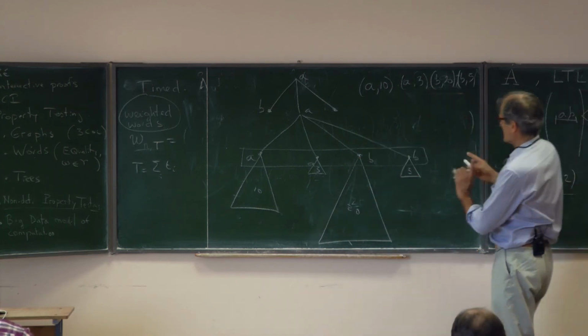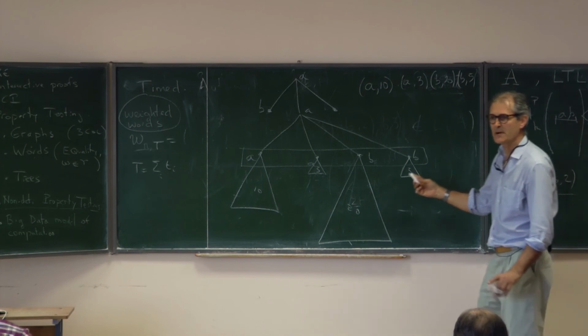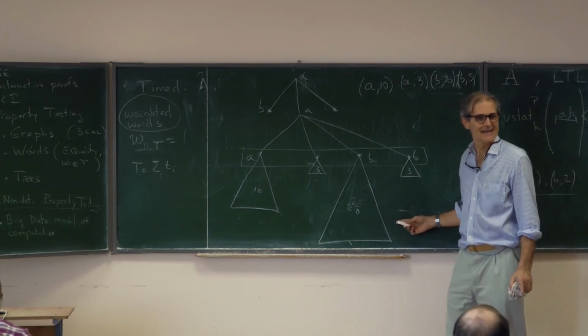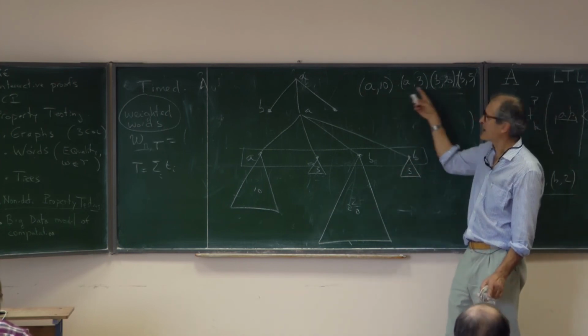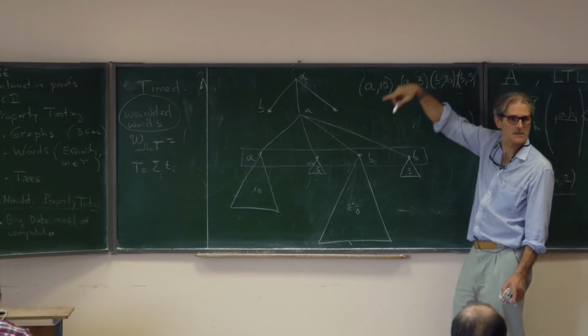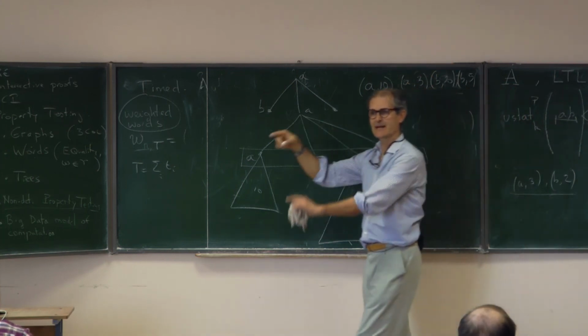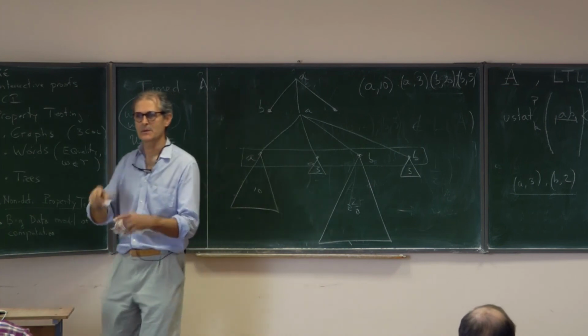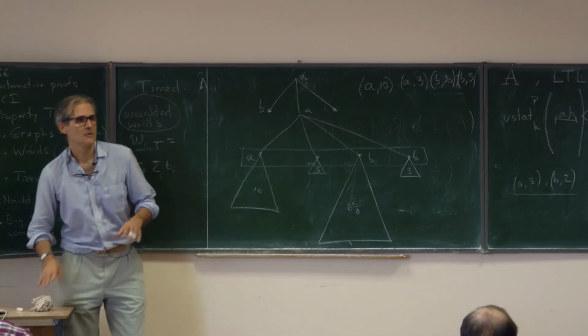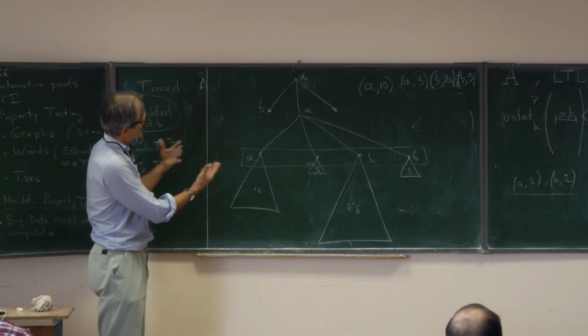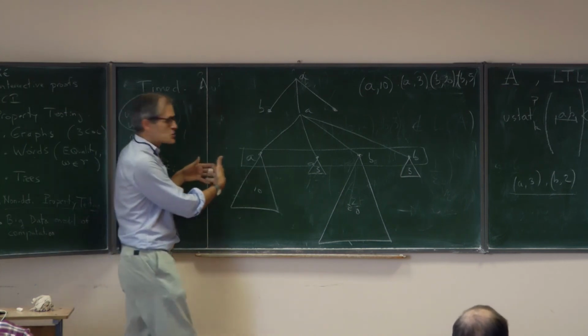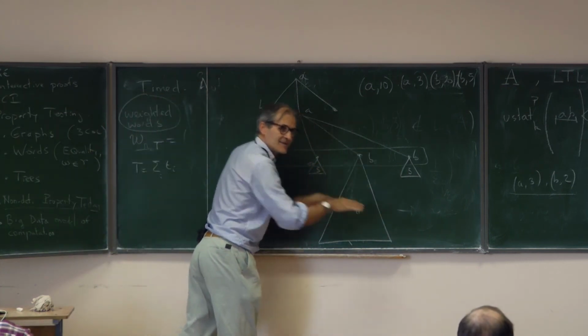So if you deal with a strong edit distance on trees, indirectly, it's exactly like having weighted words for the weighted edit distance like you have in timed automata. So there is a connection between the notion of weighted words and trees when you take into account the size of subtrees.